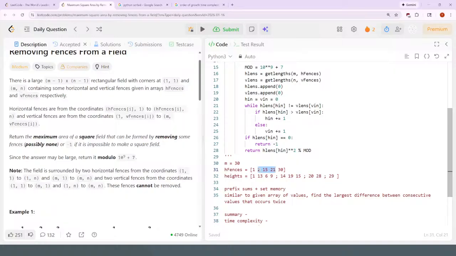I guess there's like a duplication somehow. If I eventually get to something like 2 to 15, there's maybe multiple ways to get to 2 to 15.